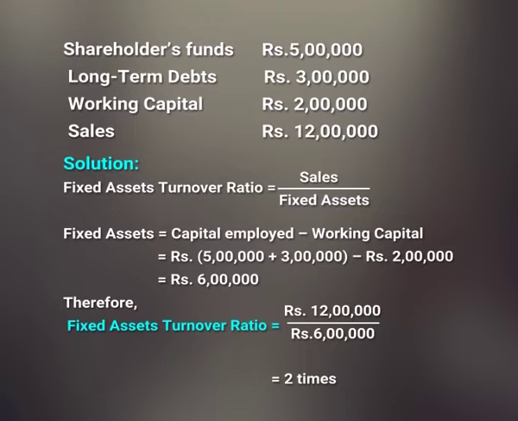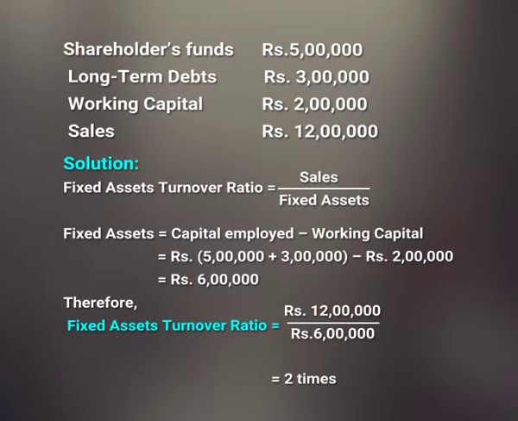Now, we will see one illustration on this ratio, that is calculate fixed assets turnover ratio from the following. Shareholders funds rupees 5 lakhs, long term debts rupees 3 lakhs, working capital given to us is rupees 2 lakhs. Sales we have for rupees 12 lakhs. Now, the solution for this is we know that fixed assets turnover ratio is equal to sales divided by fixed assets.